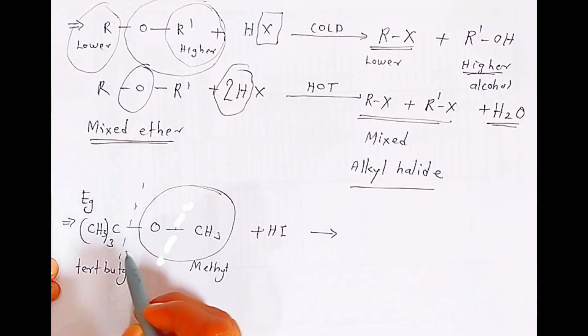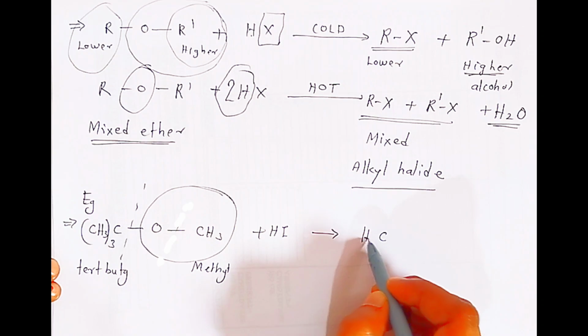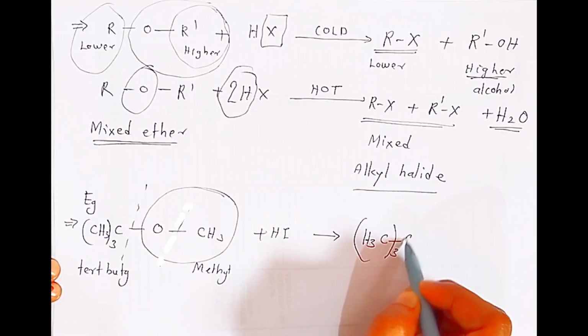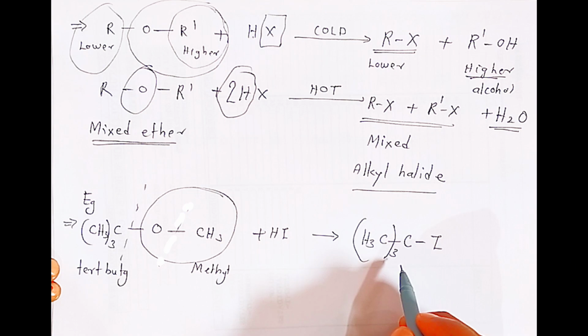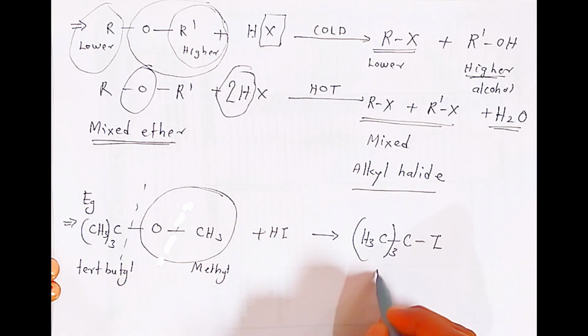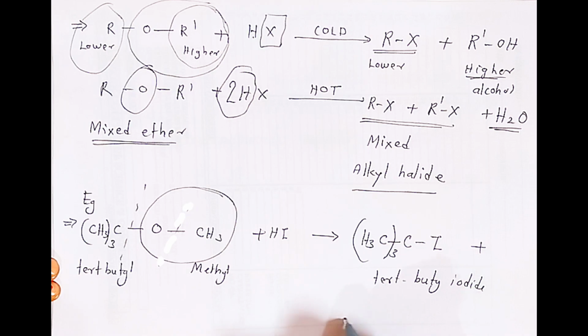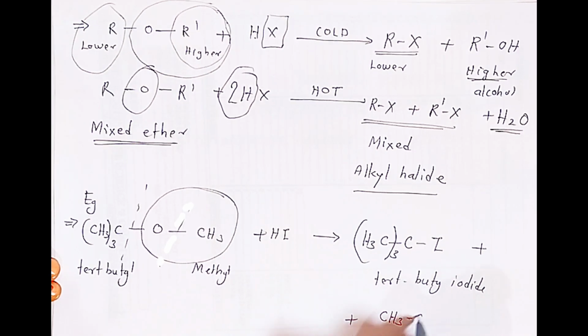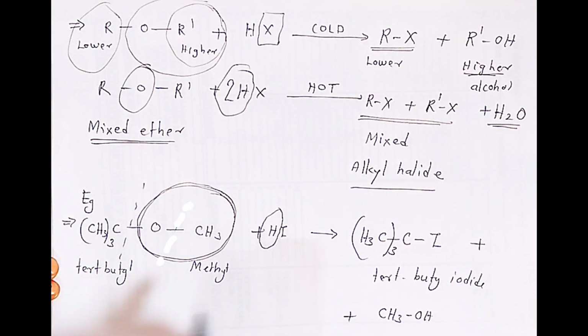Breakage will take place from here and it will form (CH3)3C combined with iodine. There is a formation of tert-butyl iodide, and there is a formation of methanol, CH3OH. So here this methoxide reacts with hydrogen of hydrogen iodide and forms methanol.